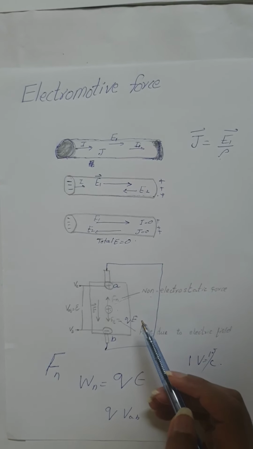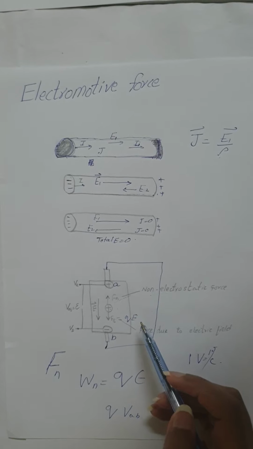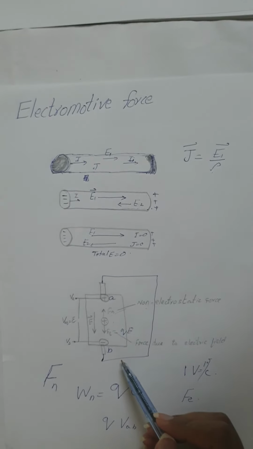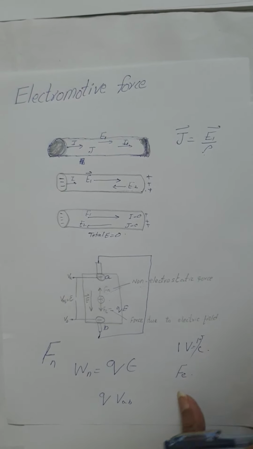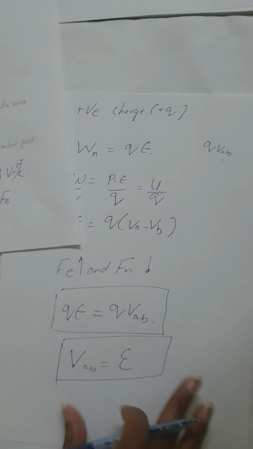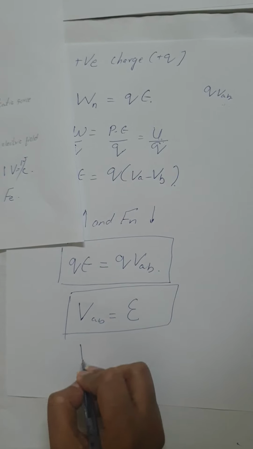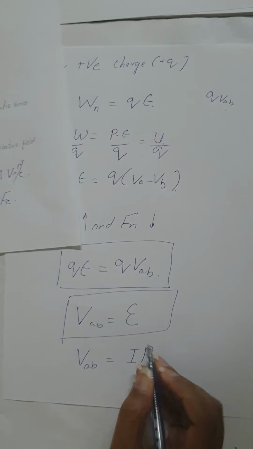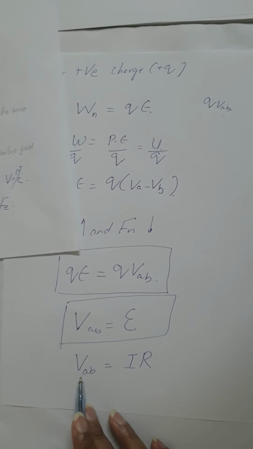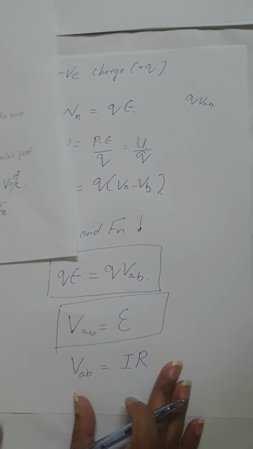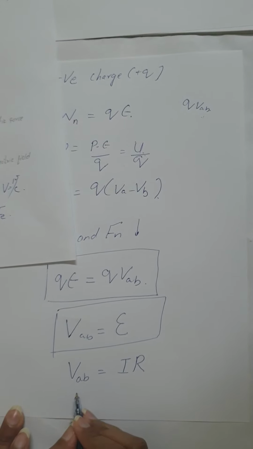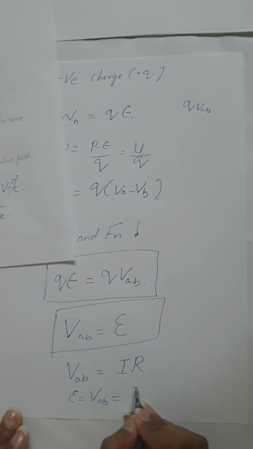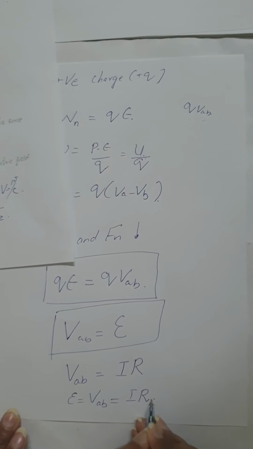And the potential difference between the ends of the wire is given by Vab is equal to IR, Ohm's law. And here, by combining these two equations, E is equal to Vab is equal to IR.